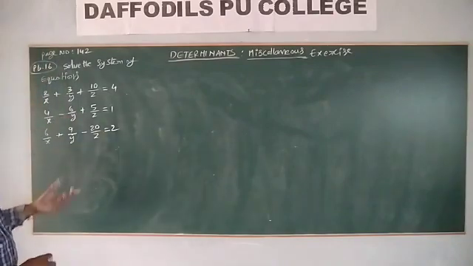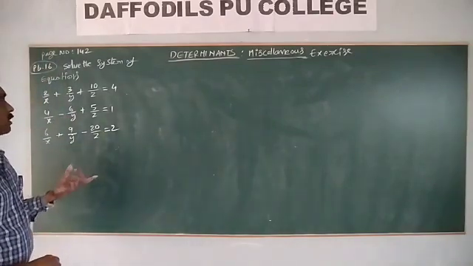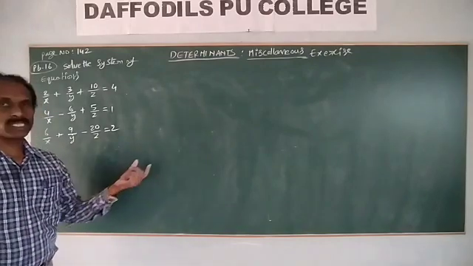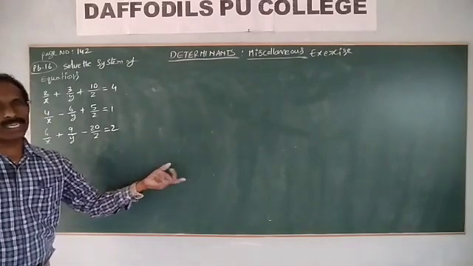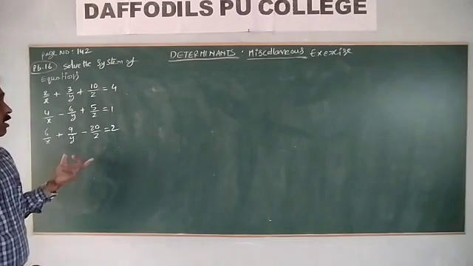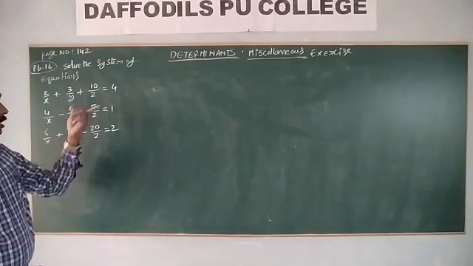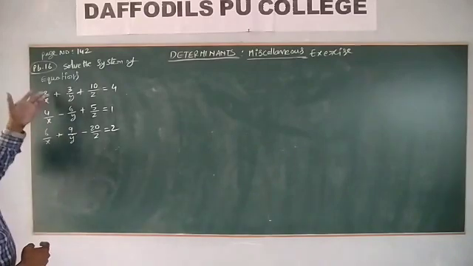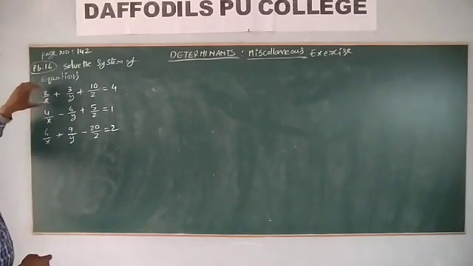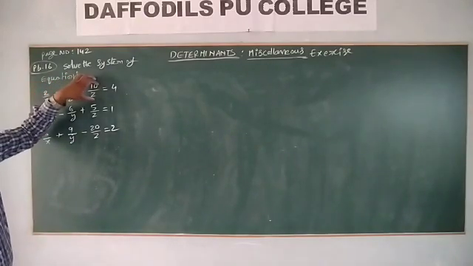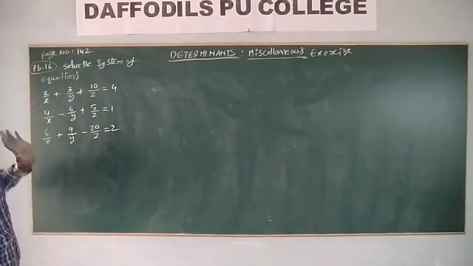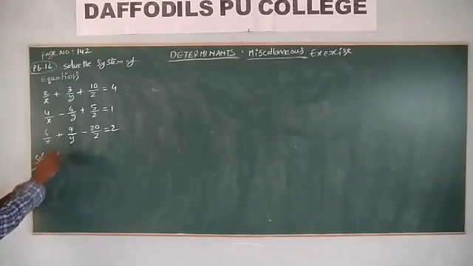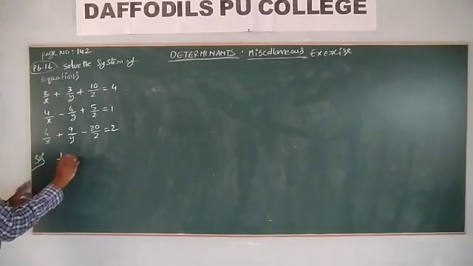Actually, a given system of linear equations like 2x plus 3y plus 4z equal to some values is a simultaneous system of non-homogeneous linear equations. But these equations involve the reciprocal of x, reciprocal of y, and reciprocal of z. How to solve this type of problem?